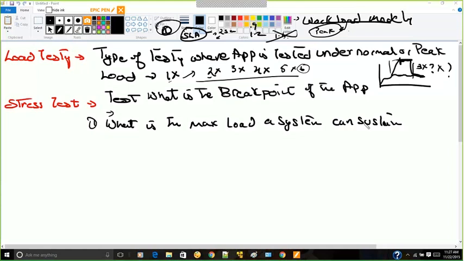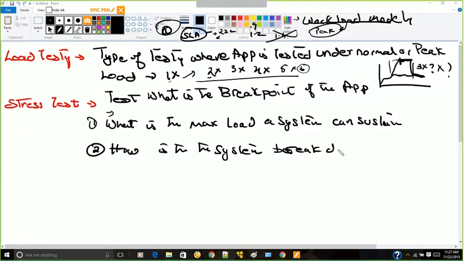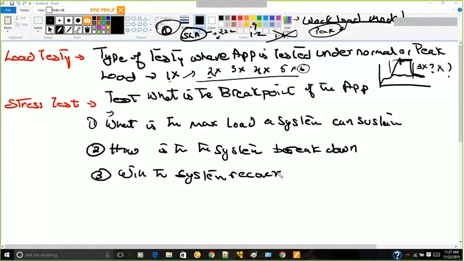Two, how does the system break down? Three, will the system recover once it's down?